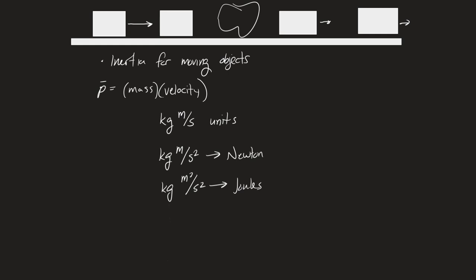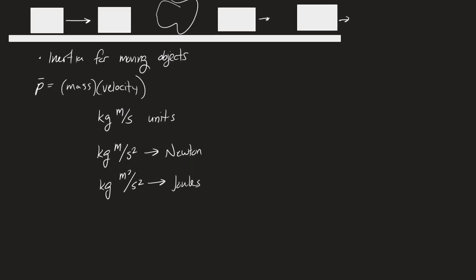And if we were to have some analogs between this and work and energy, with work, we said work would change something's energy. The analog is impulse, which changes something's momentum. However, with work, any force can do work on an object.